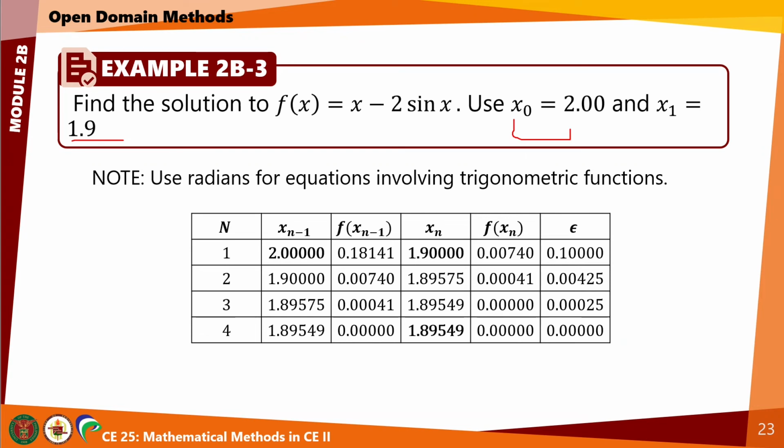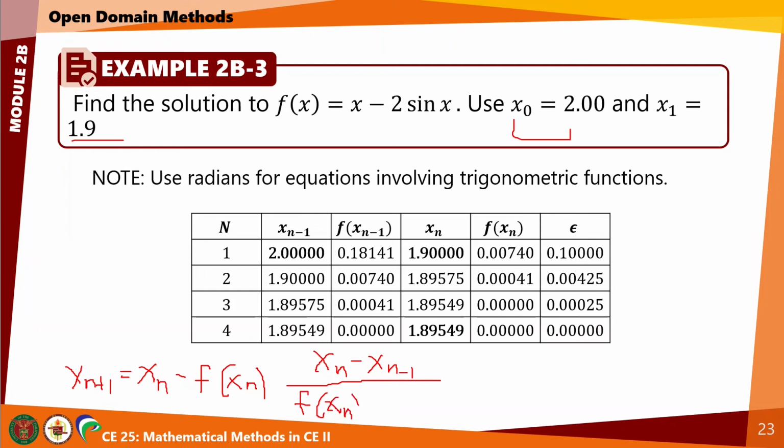First, ano nga ba ulit yung formula dito? We have x sub n plus 1 is equal to x sub n minus f of x sub n times x sub n minus x sub n minus 1 over f of x sub n minus f of x sub n minus 1.